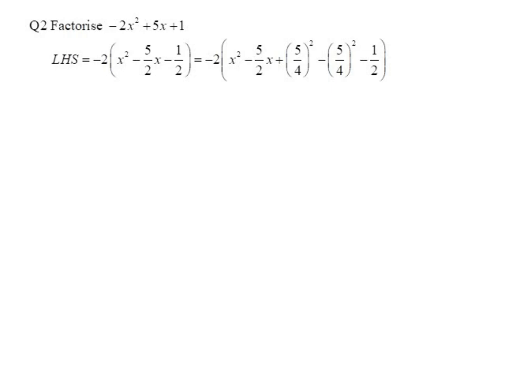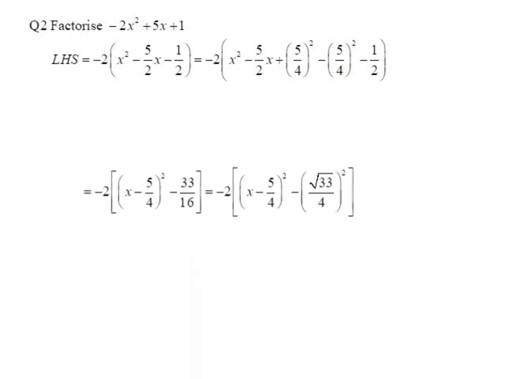First, we need to make the quadratic coefficient 1 by taking out negative 2. In this way, all the coefficients of this quadratic expression have to be divided by negative 2. Based on the linear coefficient, which is negative 5 over 2, it needs a constant (negative 5 over 4) squared to make it a perfect square.